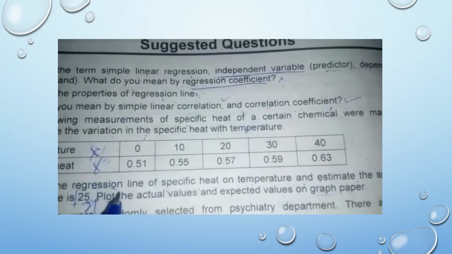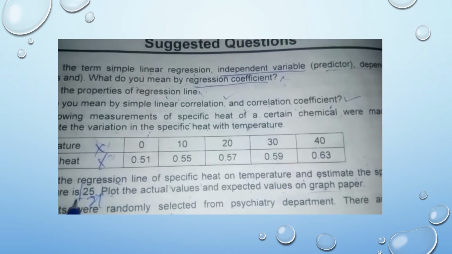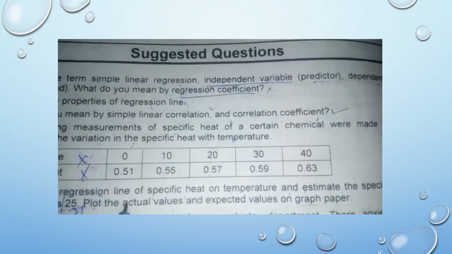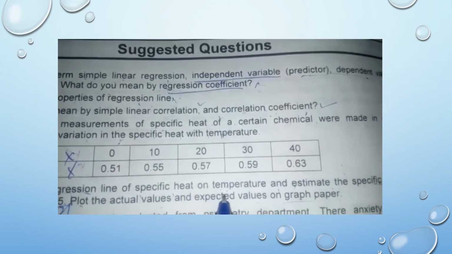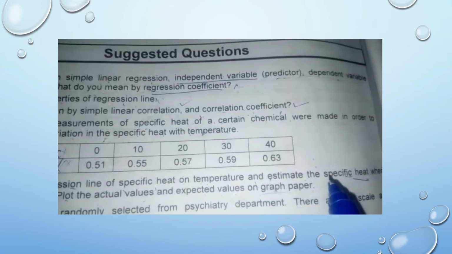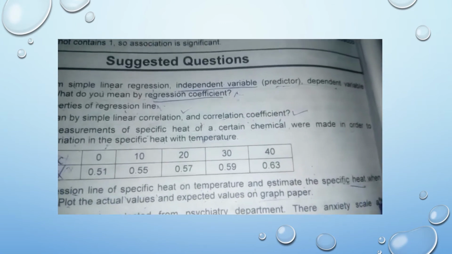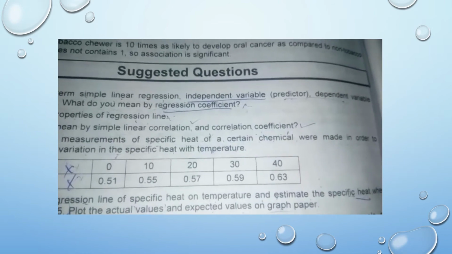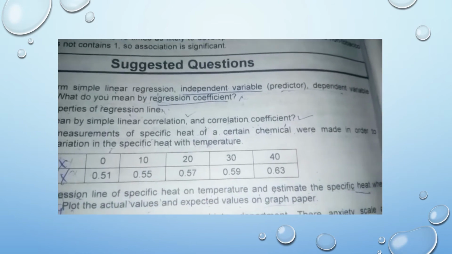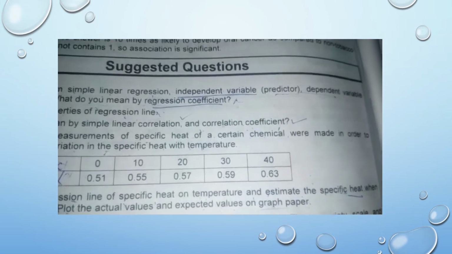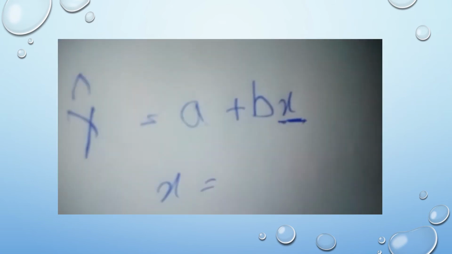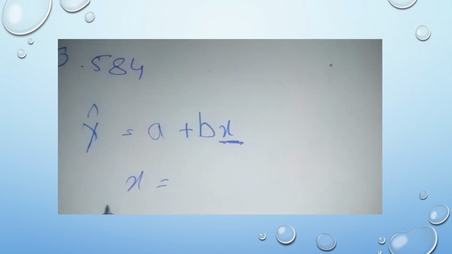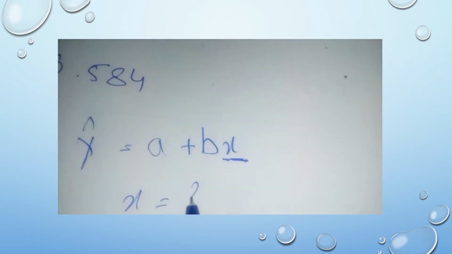In this question, question number 4, the value of x is 24. Estimate the regression line of specific heat on temperature, and estimate the specific heat when the temperature is 25. So y hat is equal to a plus bx. The value of x is 25.